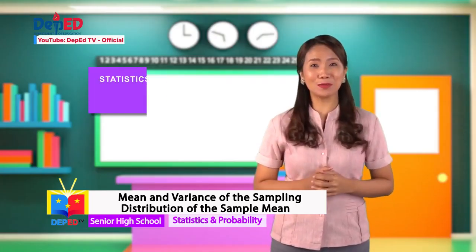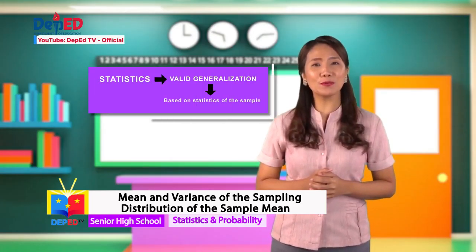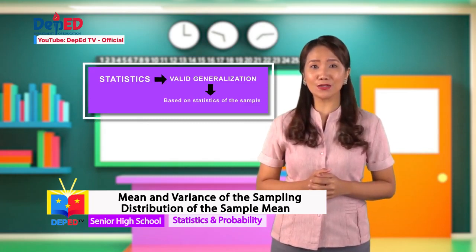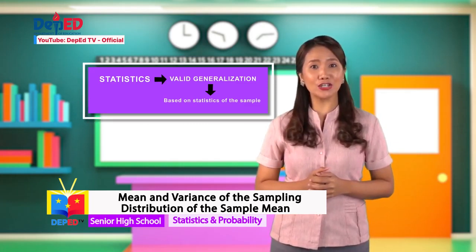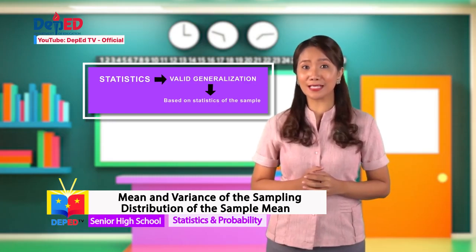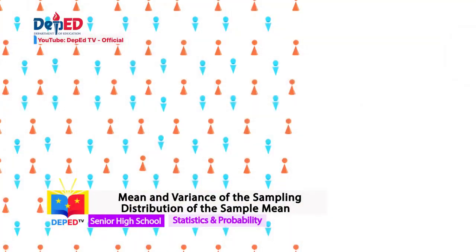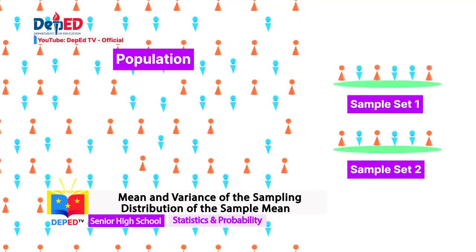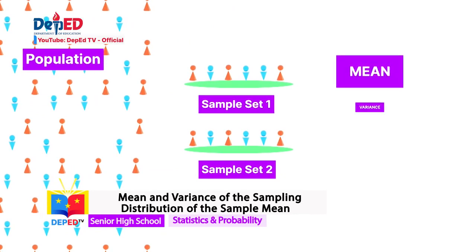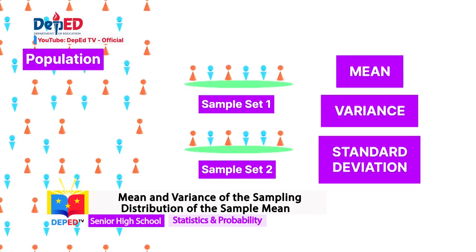As stated from the previous lessons, one of the most important uses of statistics is to come up with a valid generalization of the population based on statistics of the sample. Since many samples can be chosen from the same population, each sample having its own statistics, the mean, variance, standard deviation, is quite different from those of other samples.